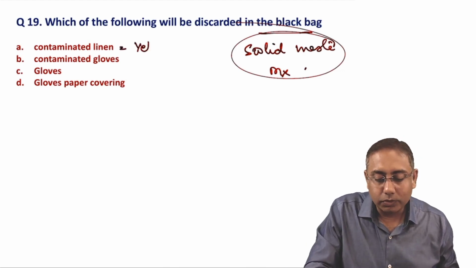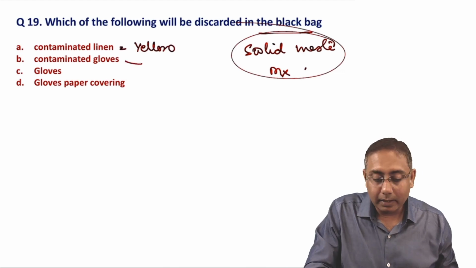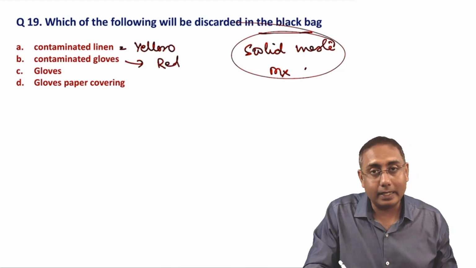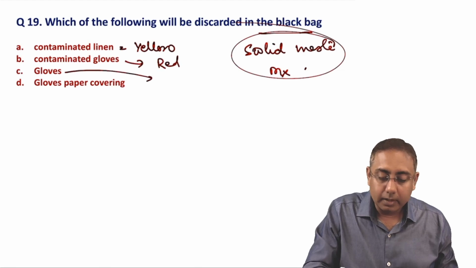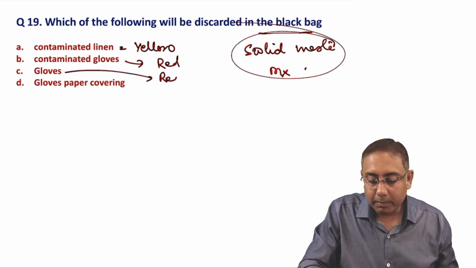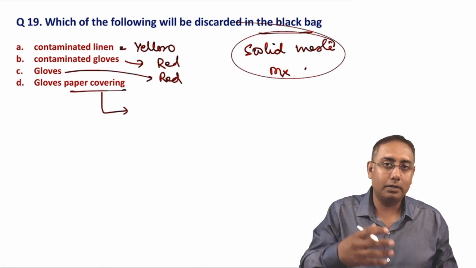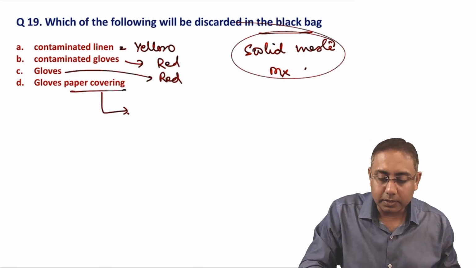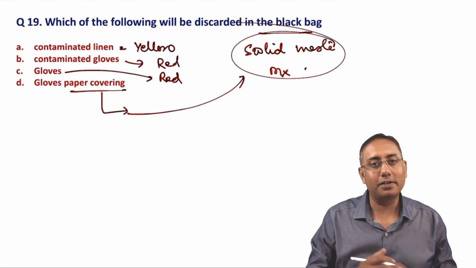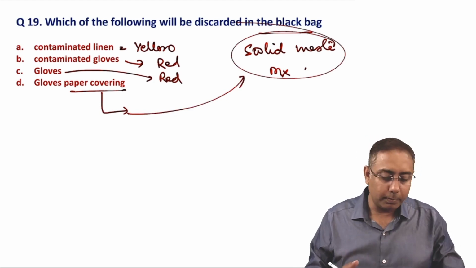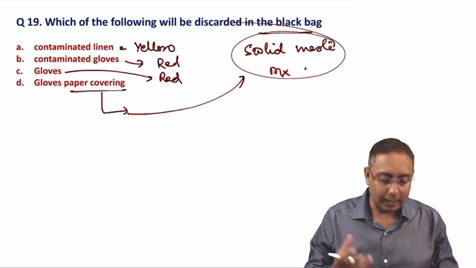Answer is no, it goes to the yellow bag. Contaminated gloves? Answer is no, it is a red color bag. Gloves, so any types of gloves would again be red color bag. Gloves paper covering, the covering paper or the wrapper of the gloves, of course that goes to the solid waste, that is not a biomedical waste, so it will be going to the black category or the black bag.